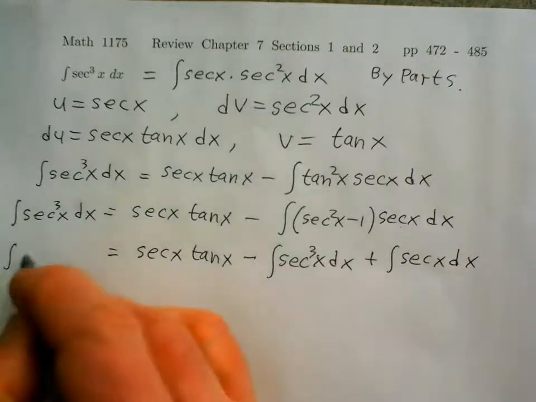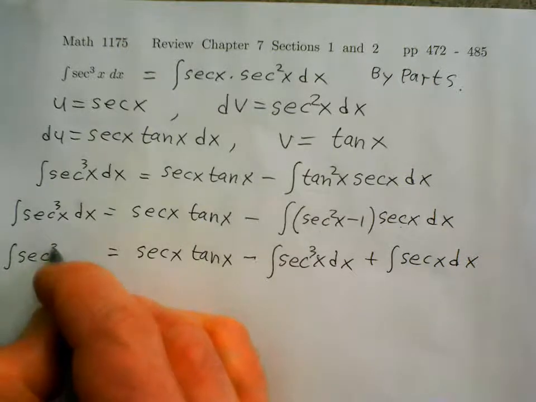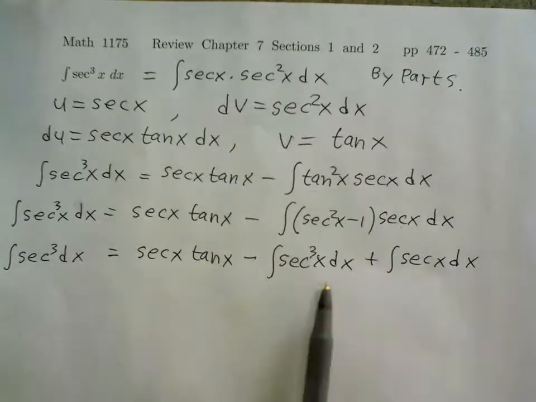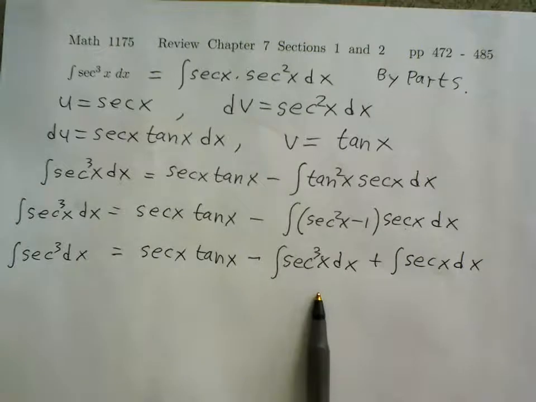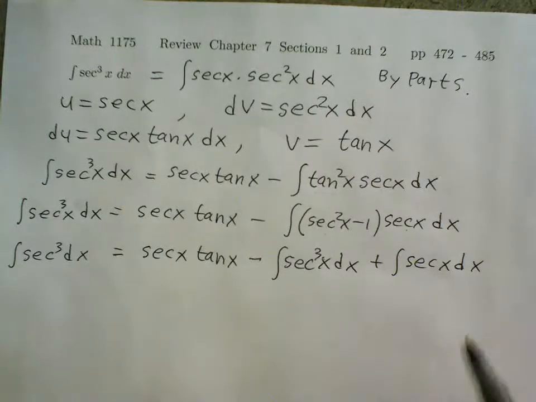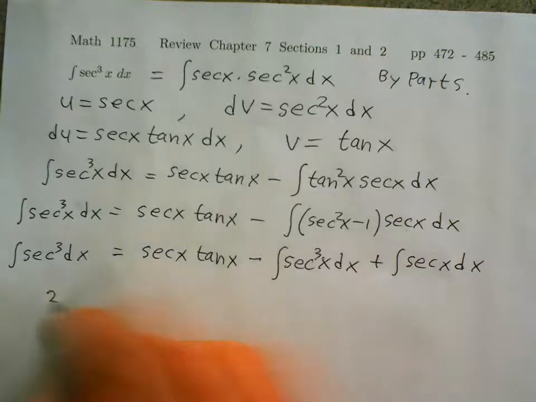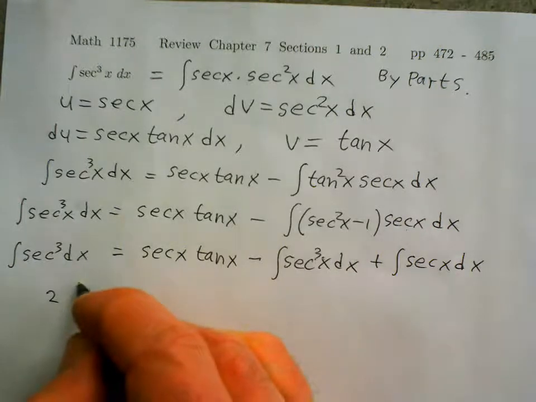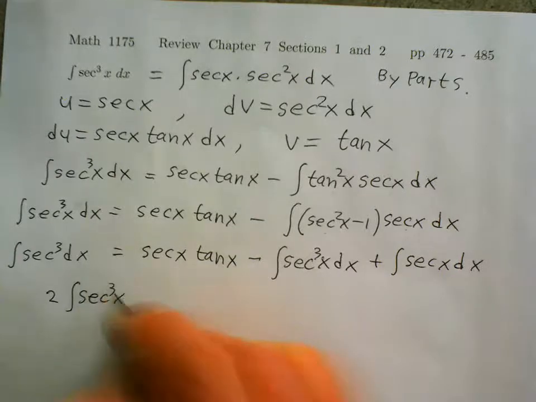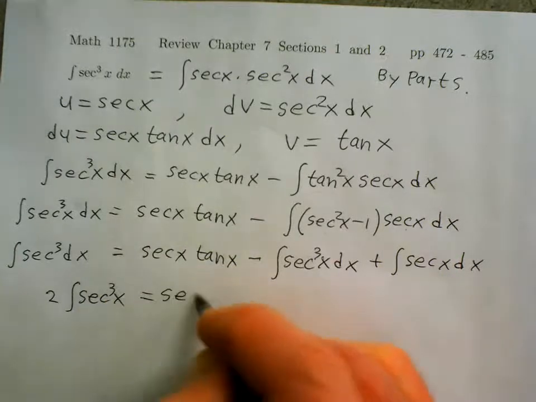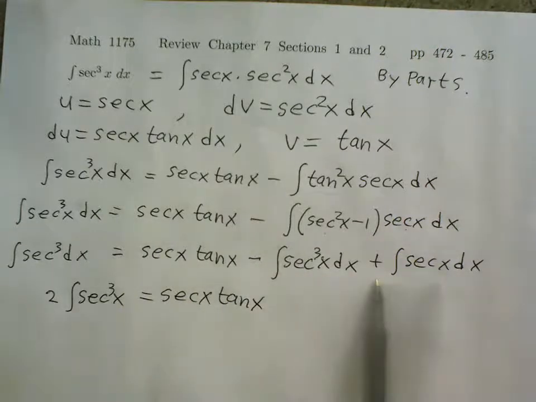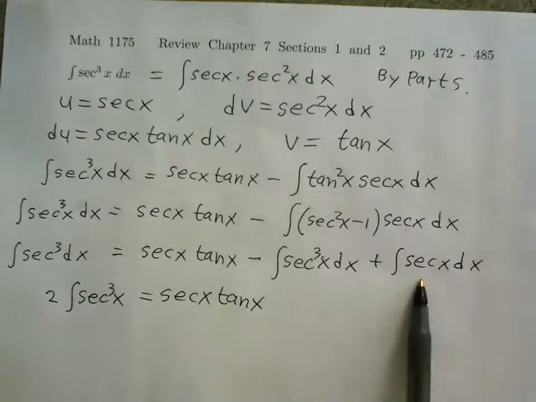So the left-hand side is the integral of secant of x to the third, but over here you see that we're subtracting the integral of secant of x to the third. So when we add that to both sides, we get 2 times the integral of secant of x to the third equals secant of x times tangent of x. Let's go ahead and write down the antiderivative for secant of x.